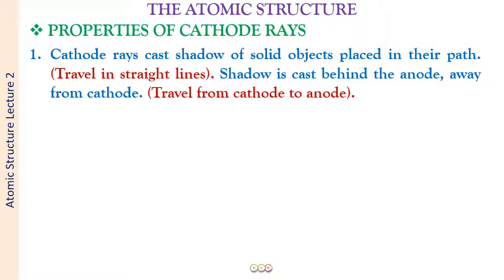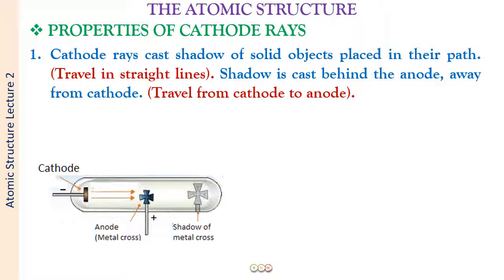The first one is that the cathode rays cast shadows of solid objects placed in their path. So this is the diagram. We can see that we have placed a solid object in the path of the cathode rays and a shadow is being cast of this object.